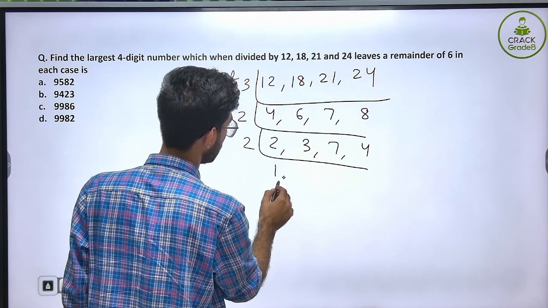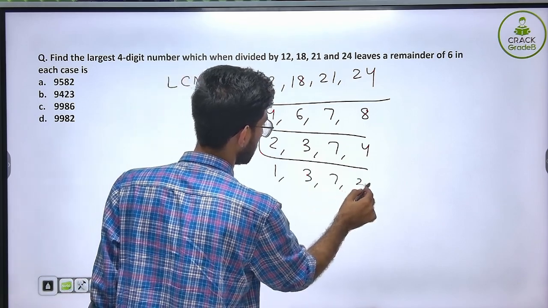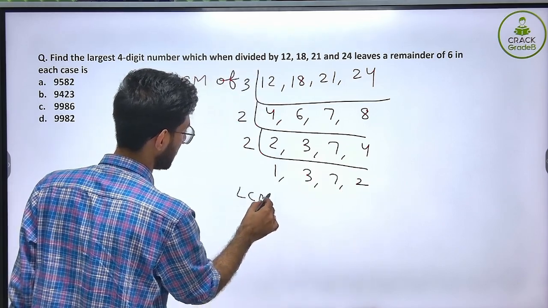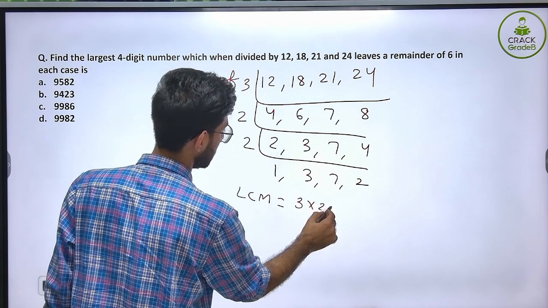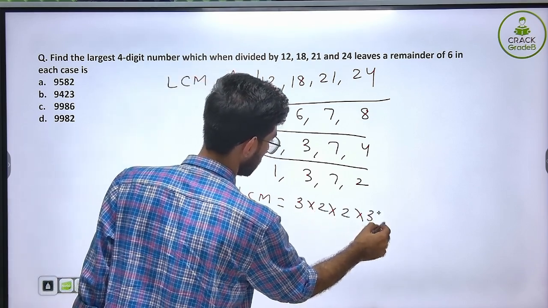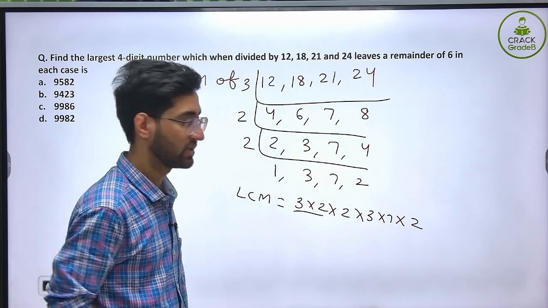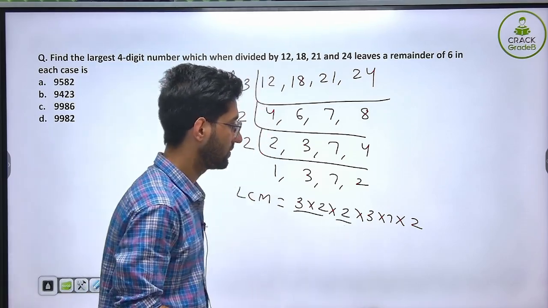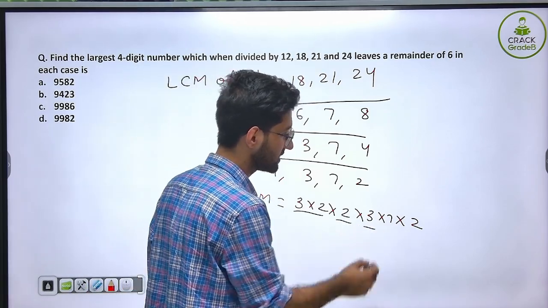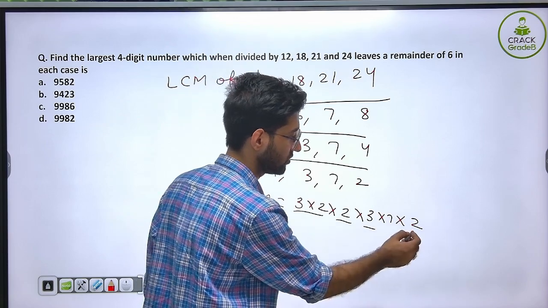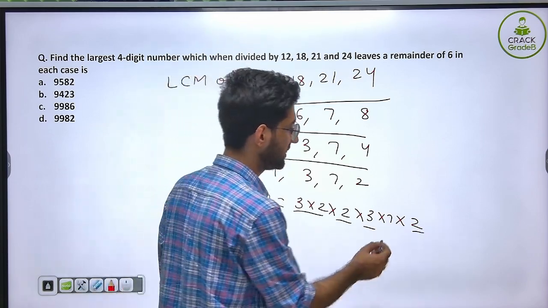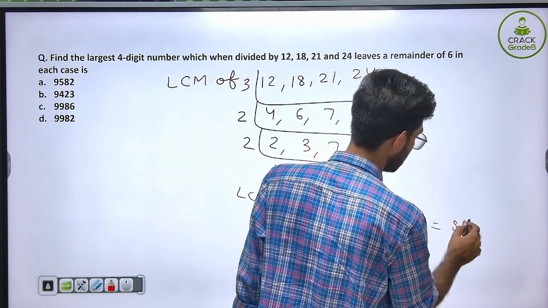Simply 2 into 1, 3, 7, 2. So what is the LCM? The LCM is equal to 3 into 2 into 2 into 3 into 7 into 2, right? 3 into 2 is 6. 6 into 2 is 12. 12 into 3 is 36. 36 into 2 is 72. And 72 into 7 is equal to 504.